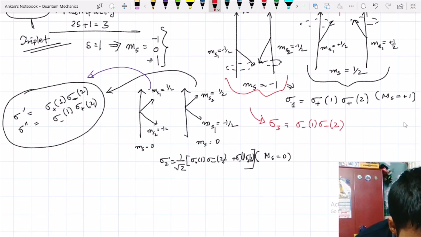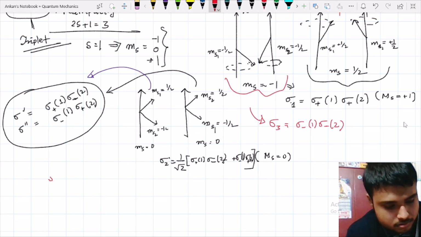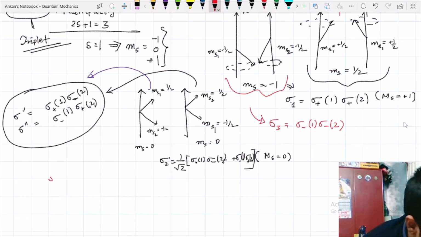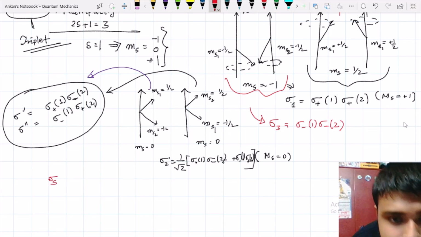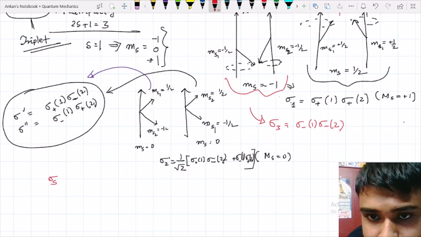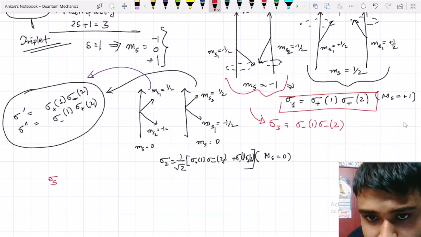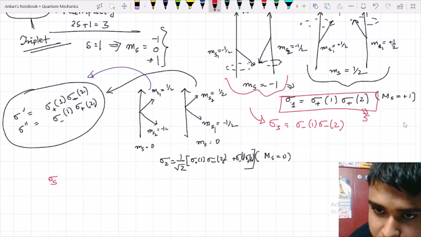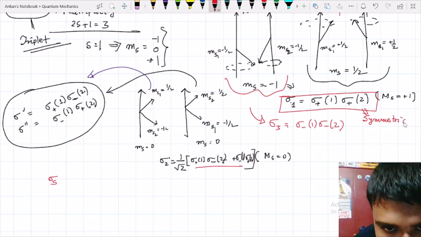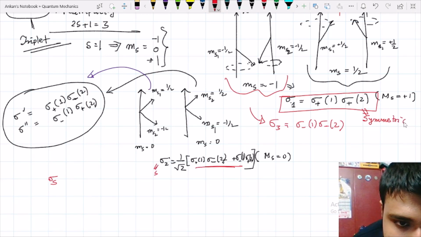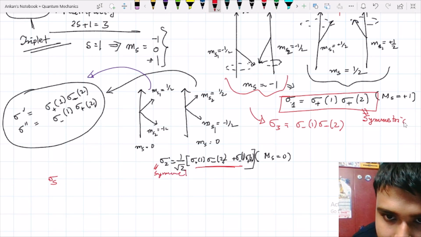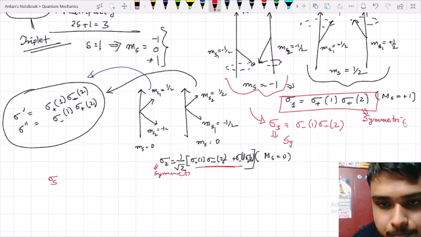So we here obtain that, please be careful, sigma 1 is symmetric, sigma 2 is also symmetric, and sigma 3 is also symmetric.